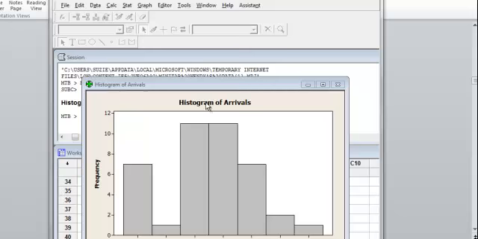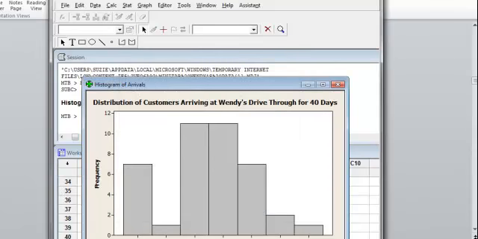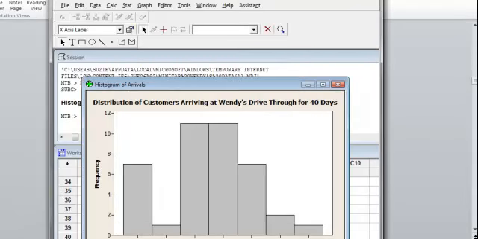First of all is the title, and here it would be number of customers. We have good titles there. And now we want to change that scaling here.